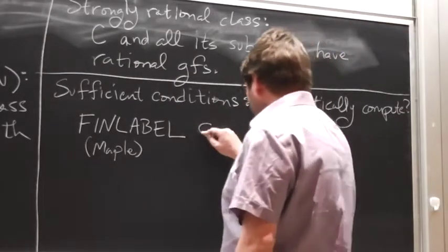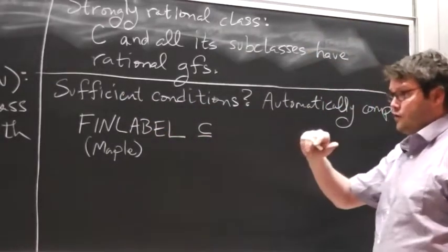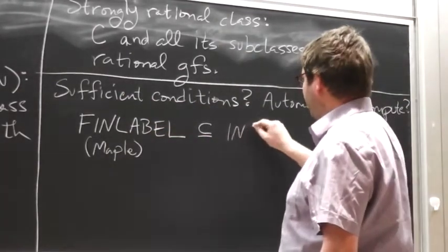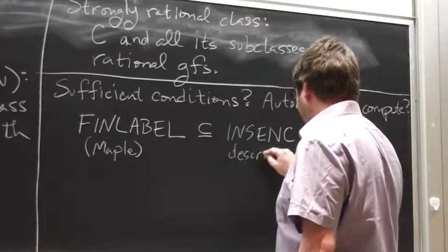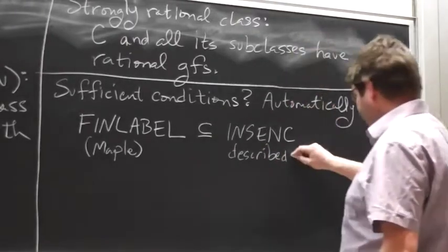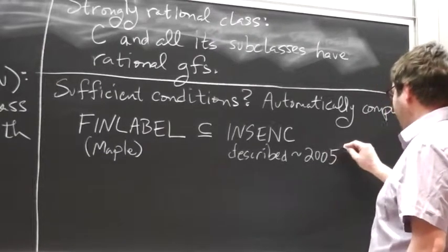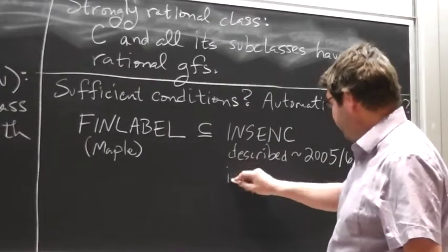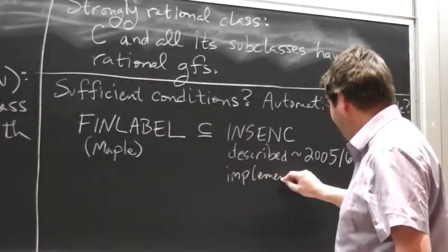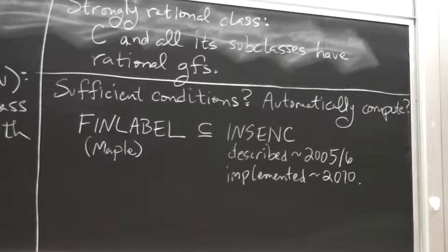This was later generalized by Michael Albert and Nik Ruskuc and Steve Linton into something called the insertion encoding. It was described in 2005 or 6. It wasn't implemented until I needed it for another project I was working on and wrote this Maple package called insertion encoding, in 2010. So there are two Maple packages out there.